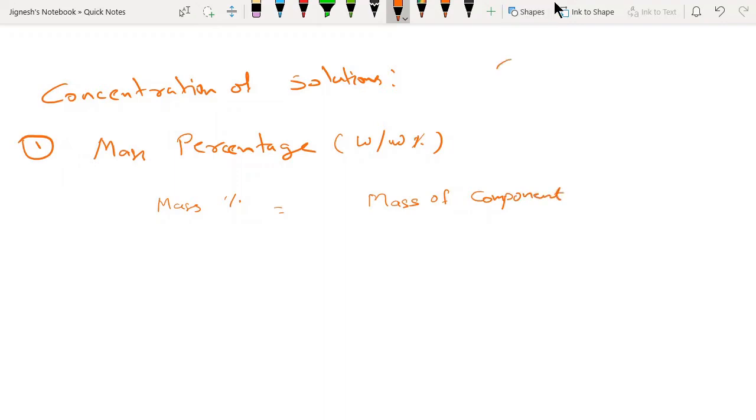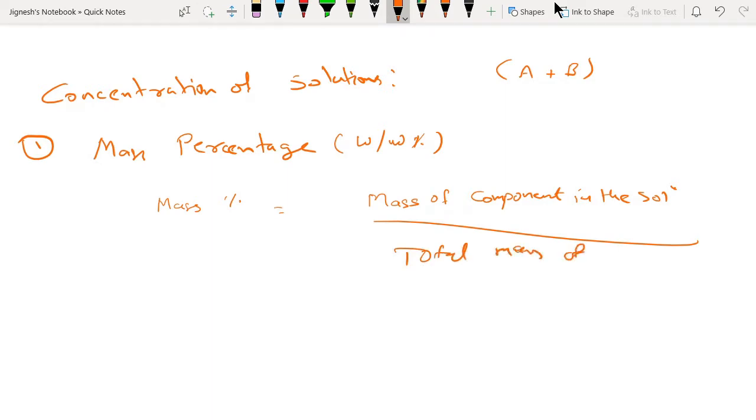A solution is made up of two components A and B. So mass of component in the solution divided by total mass of solution, into 100. How can I write this in a simple form? W by W percentage, if I talk about A, is equal to WA divided by WA plus WB, into 100. This is what we have got.